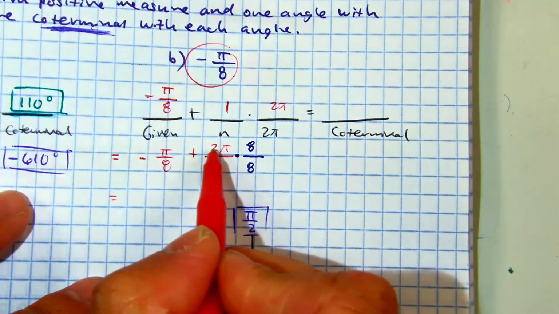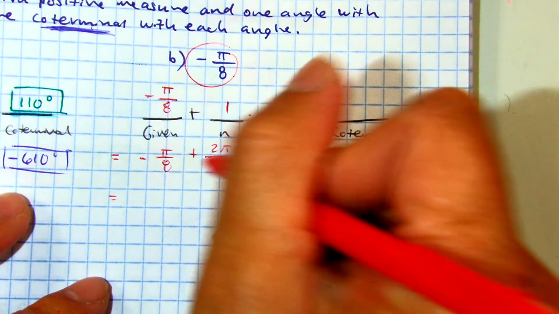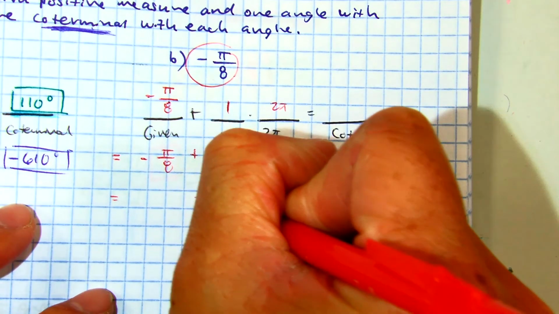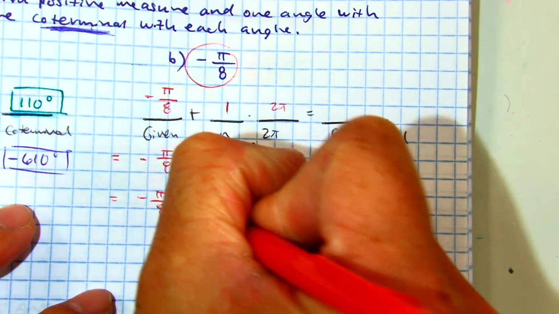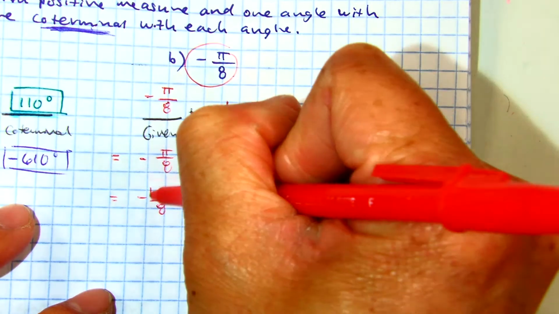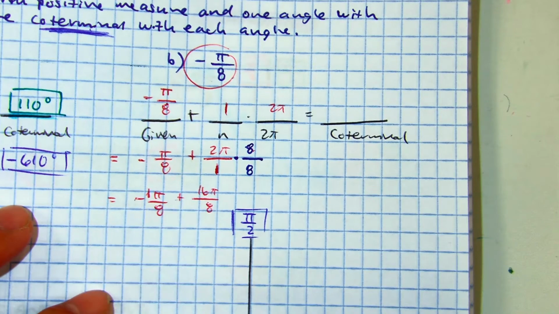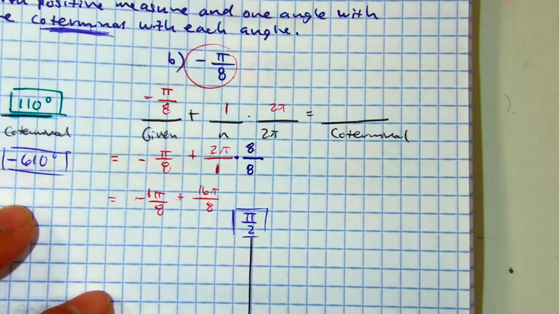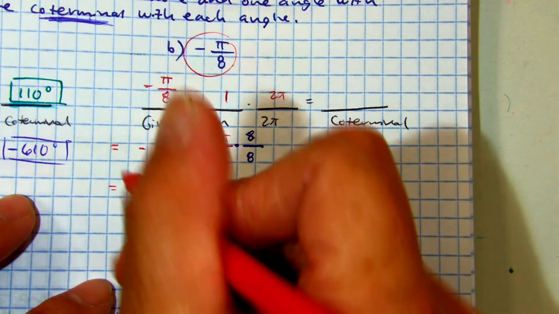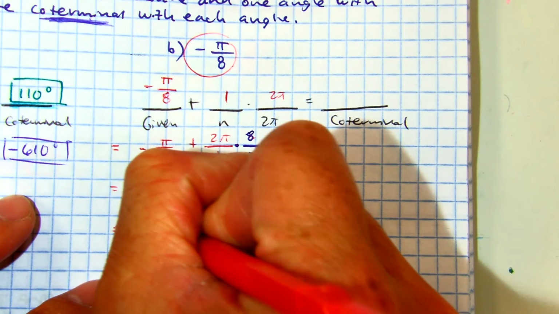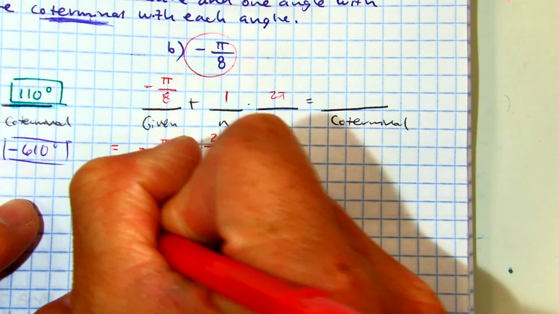Two times 8. Yep, 16 pi over 8. Negative pi over 8. You could put a 1 here. So Cindy, negative 1 plus 16. 15 pi over 8 is our positive. Raise your hand if you got that.